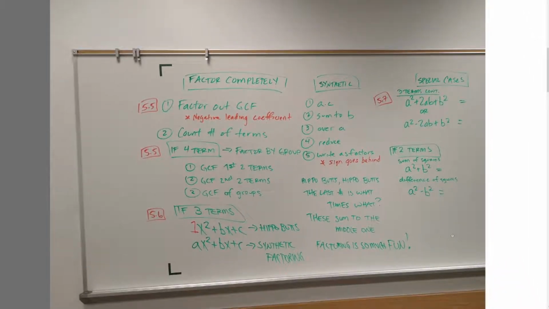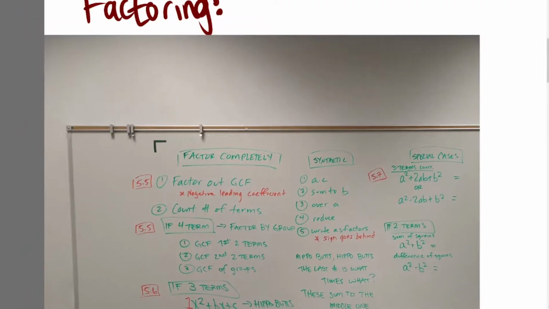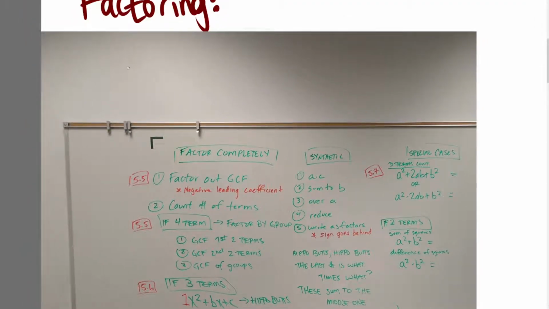For the second step, you want to count the number of terms. So in our previous example, where we had negative 2x squared plus 6x, we're going to change it up a little bit, plus 6x minus 4. In this problem, we want to say how many terms do we have?